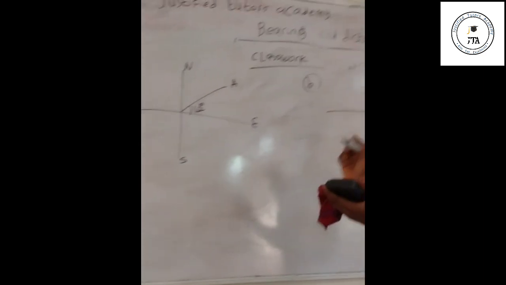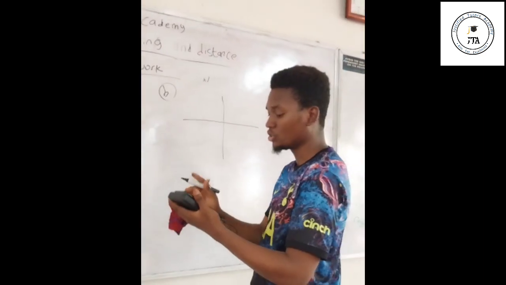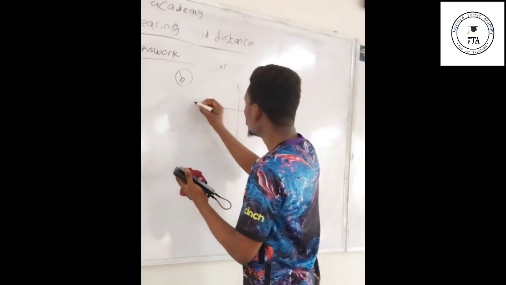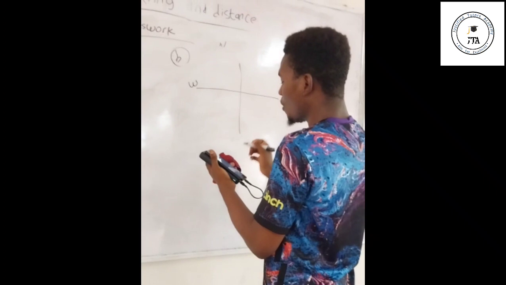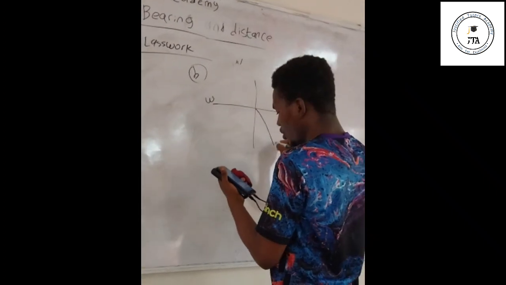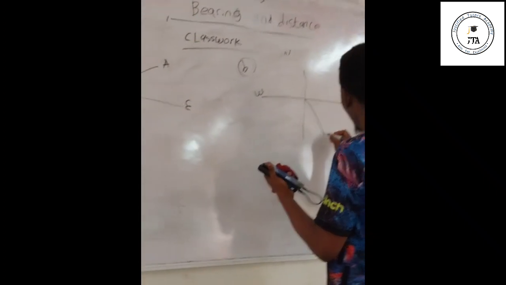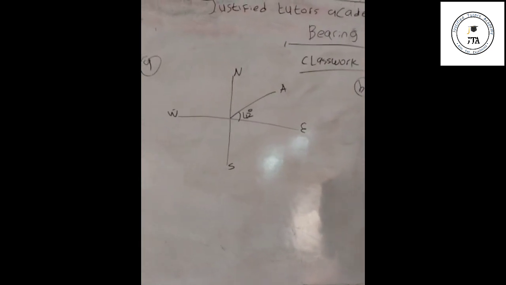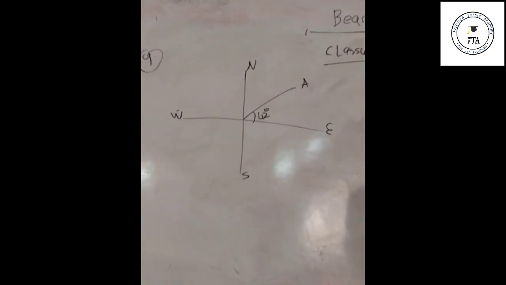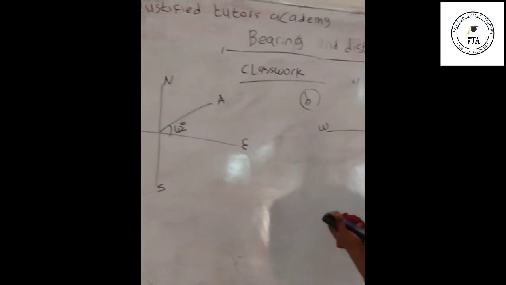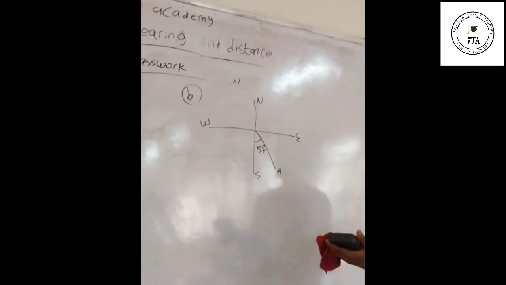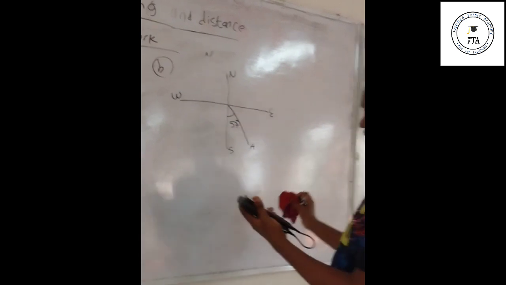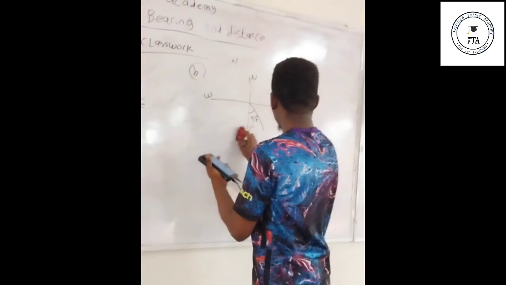So what I want you to do is find the compass direction of point A in each of these diagrams. Are you getting me? Then once you are done, you drop the answer in the comments section. So this is it. Alright, so ensure you write it down and then let's go to the next one.